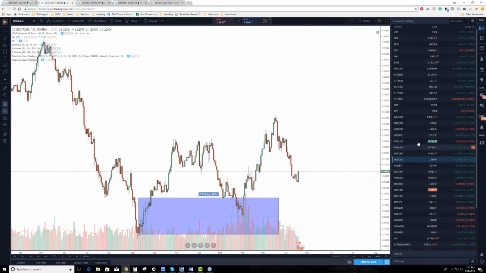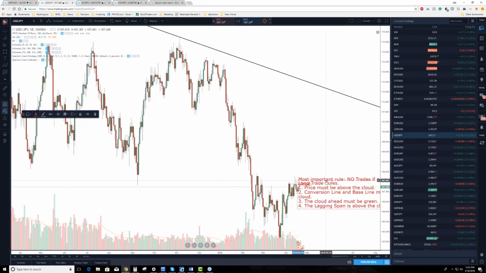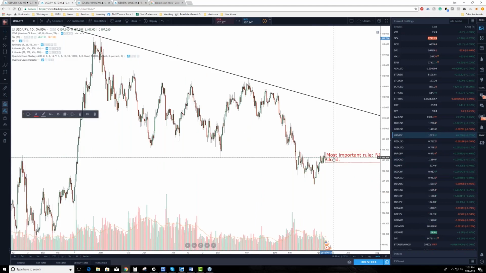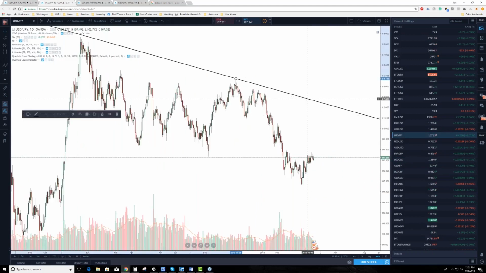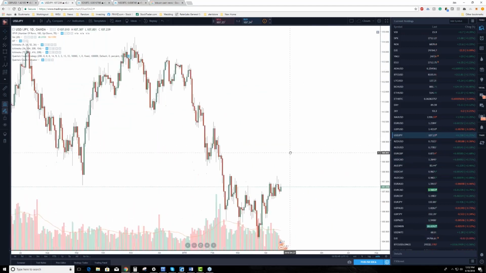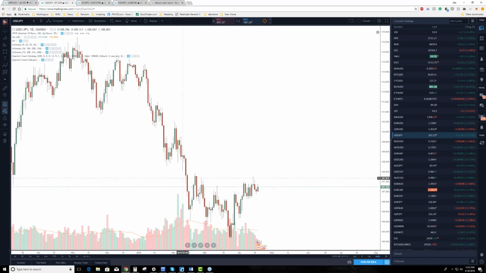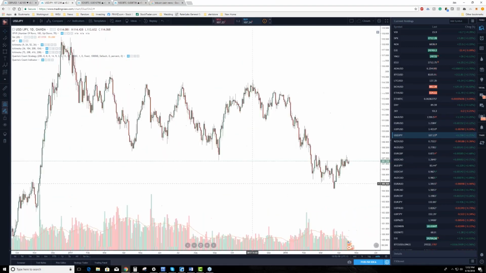Let's use the dollar yen. We were looking at this yesterday or this morning. So the dollar yen, if we are talking about breakout trading, when people think about trading breakouts, they're thinking of Darvas boxes, or they're thinking of Bollinger Bands.